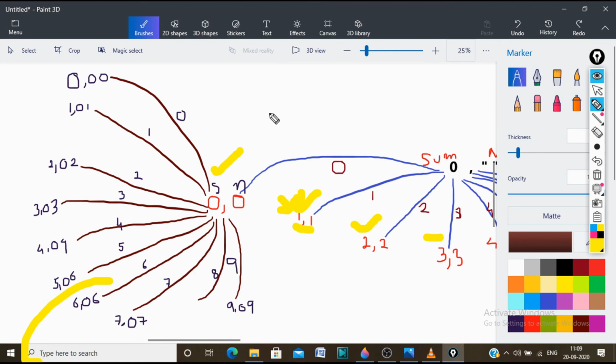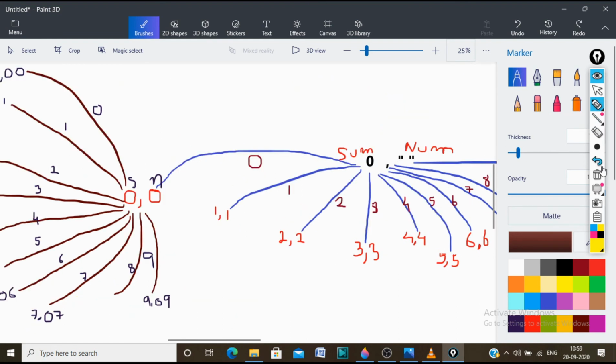After extending the 9 branches, I would get the numbers from 10 to 19. Here the number is 2; after extending the 9 branches, I would reach the numbers 20 to 29. Similarly here, I would reach the numbers from 30 to 39, and this goes on until 99.